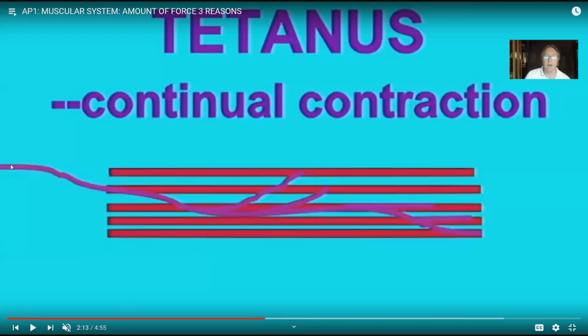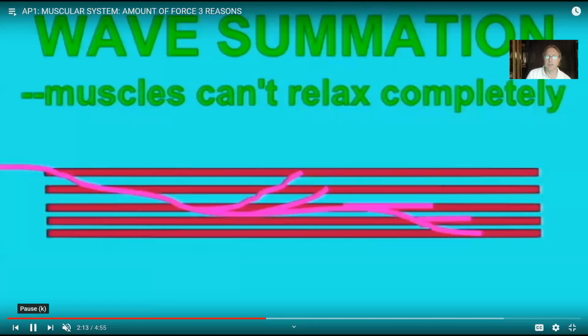So now, watch the purple action potentials coming in. They come in so frequently that these muscles don't get a chance to relax. They're told to contract, but before they begin to relax, they're told to contract again, and then they're told to contract again. It's like go, go, go, go, go, and they don't get a chance to relax, so they just maintain this state of contraction. That's what's called tetanus.